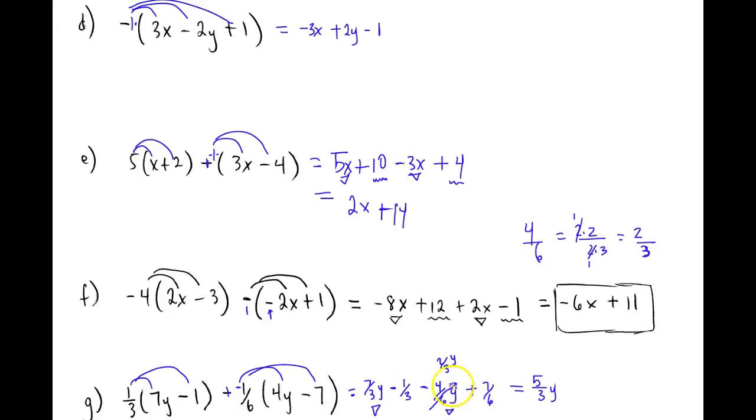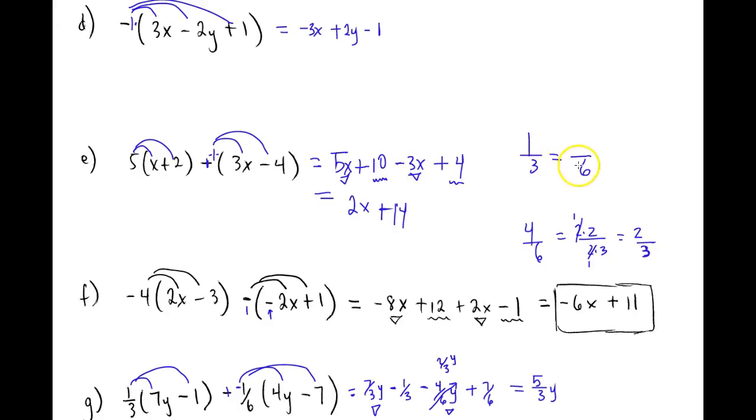We also know that here negative 1/3 and positive 7/6 are like terms, but we can't add these fractions until we have a like denominator. And so we know that 1/3 is the same as 2 over 6, because if we form an equivalent fraction, we know that 3 goes into 6 2 times, or put another way, 3 times 2 is 6.